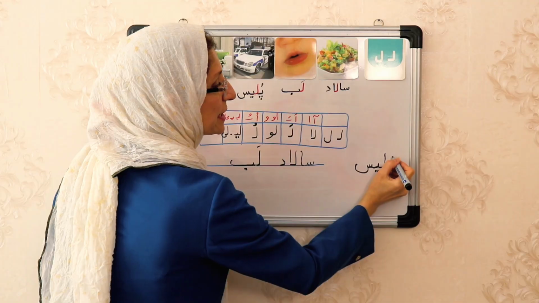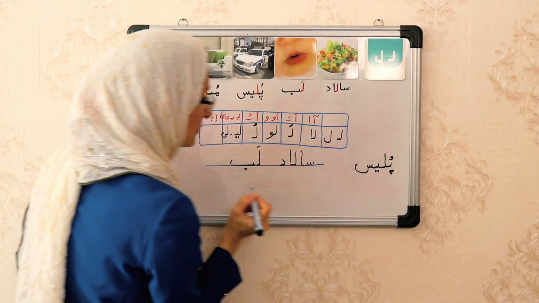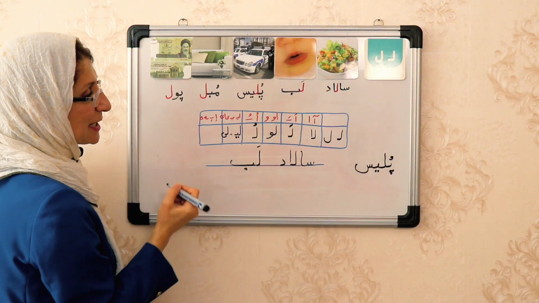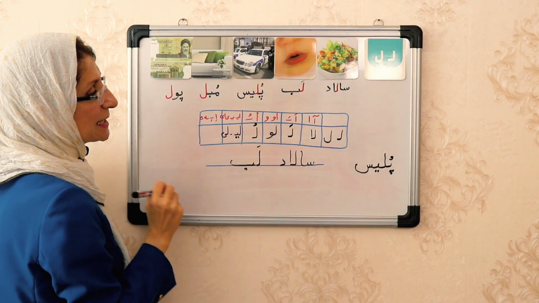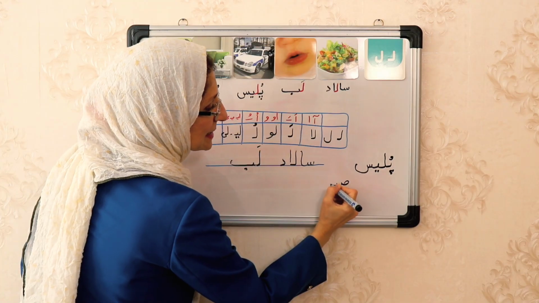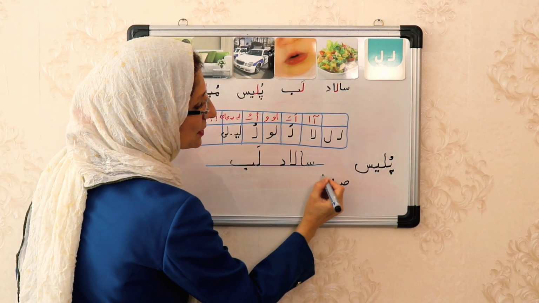Police. I write o at the beginning when you are a newcomer to Persian. And this li you have in sandali, that I haven't taught, just.